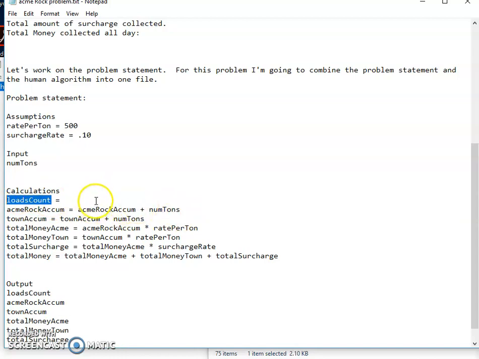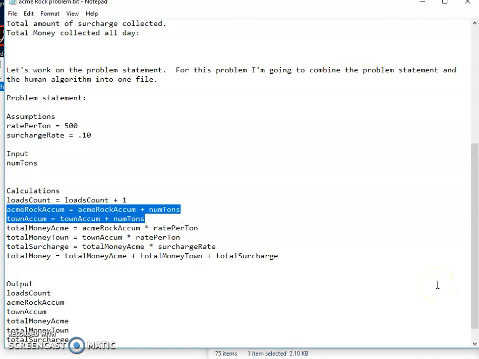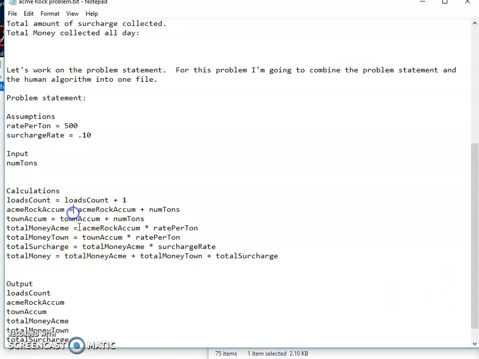So Control-C, Control-V, plus 1. All right, so then we have that. So what don't we know? Well, we don't want to have this math being done every time a truck comes by. We only want to have this math when it's an Acme truck and this one when they're doing a town truck.